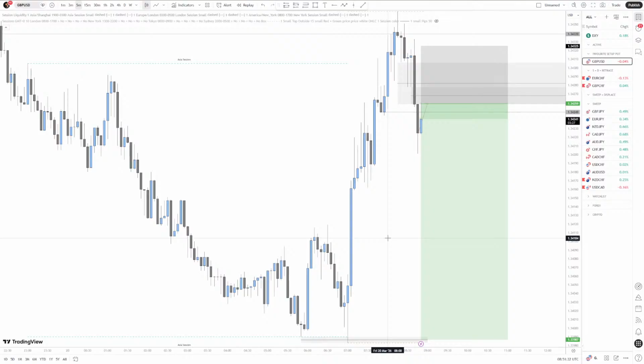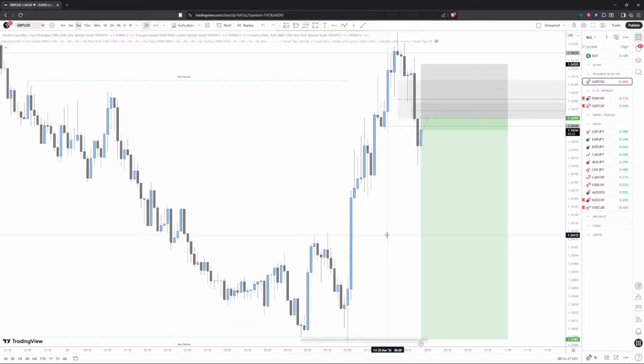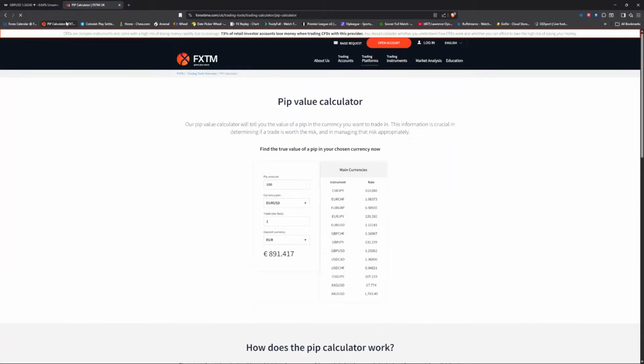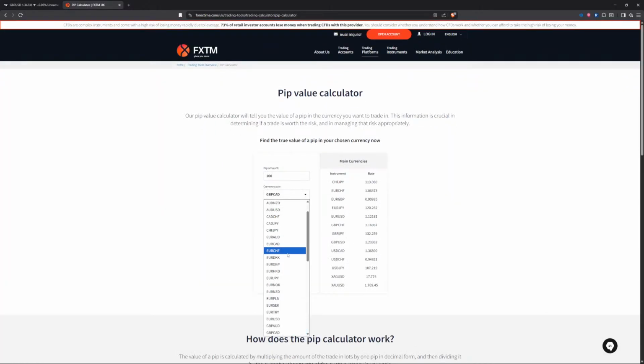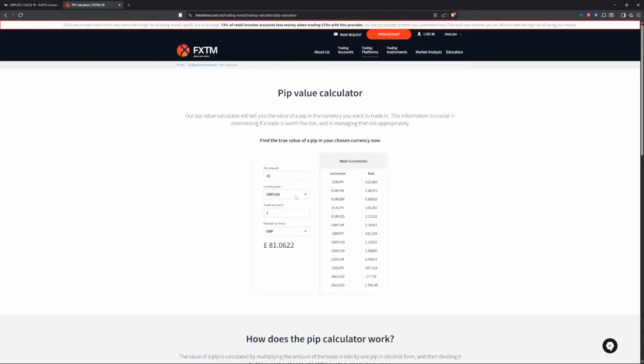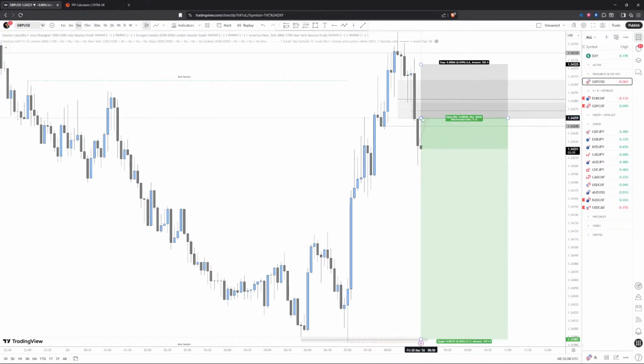Now, the first thing that happens as soon as I do this is I go to my phone. I then get the pip calculator out, which is a couple of buttons away. And this is GBP USD. I do not enter the trade until I've done this, no matter how much it drops. It's about, let's just say 10 pips now with the movement already. Let's say we'll do this amount. It's moving very quickly though.